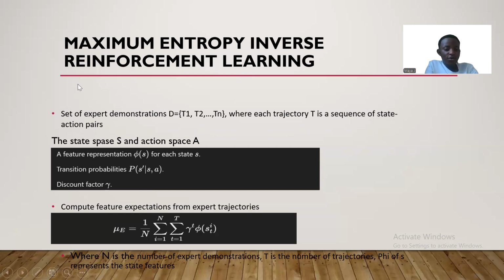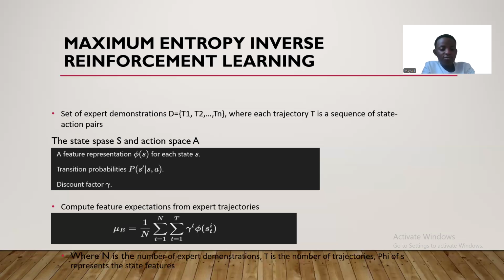Then we have the state and action space, a feature representation for each state, and the transition probabilities. We also have the discount factor.